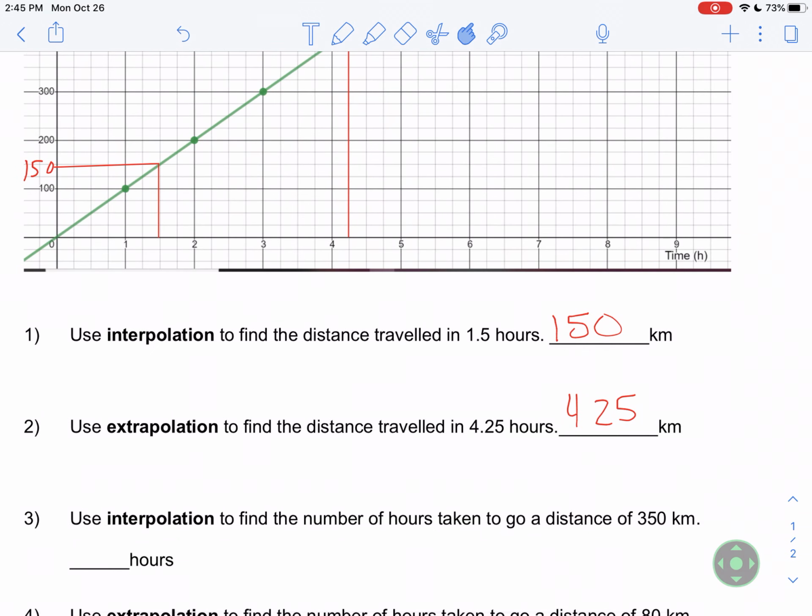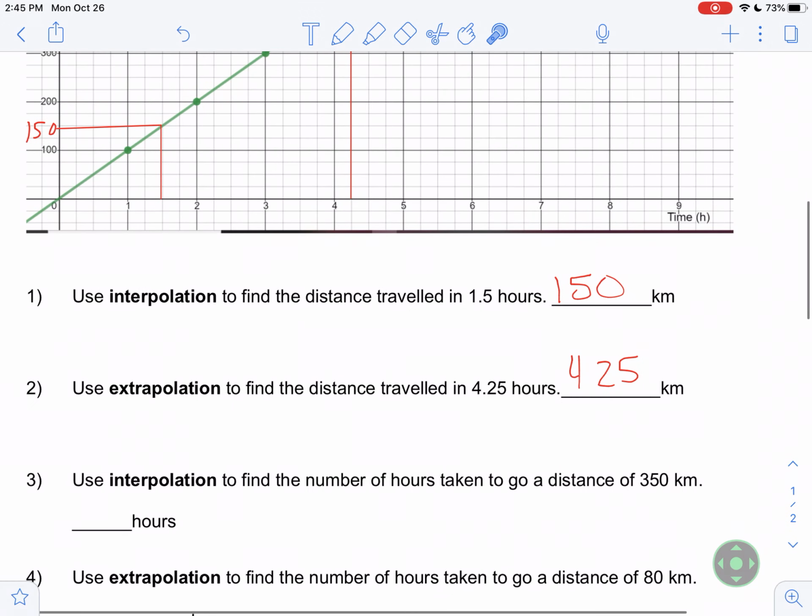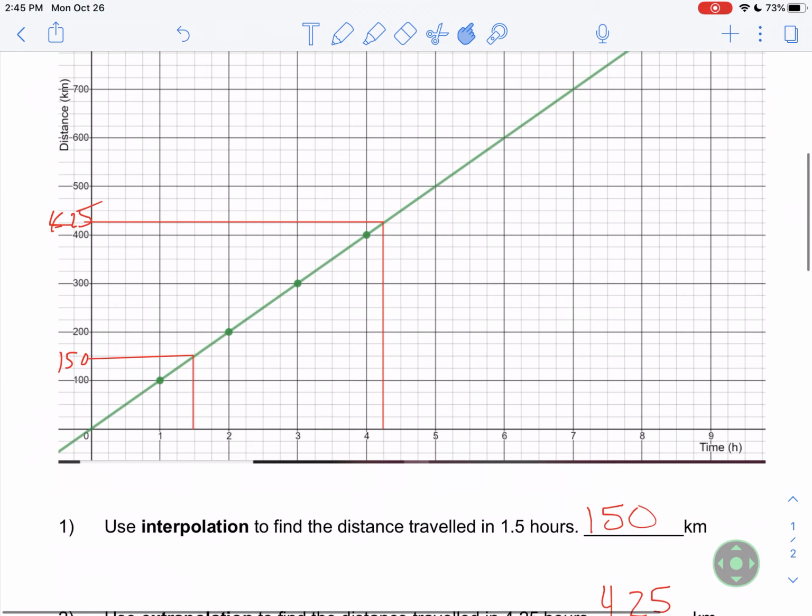All right, we can also work the other way. We can be given a distance, and we can figure out by tracing backwards what the time, or the independent variable, is. So our distance is 350 kilometers. So this time we're going to start with the dependent, the vertical axis. 350 would be here. I'm going to trace over to my line and then down to where it hits the x-axis.